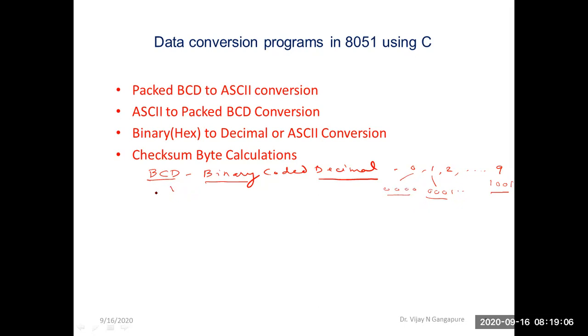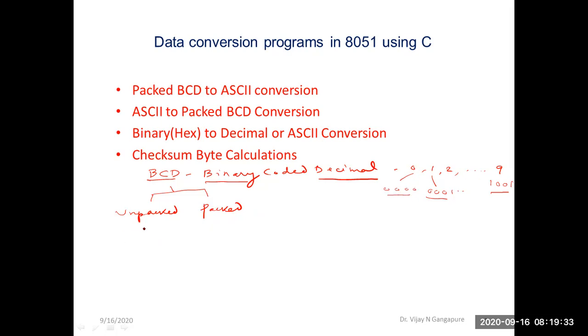Now there are two types of BCD numbers. First is unpacked BCD numbers, and second is packed BCD numbers. These numbers 0 to 9 are the BCD numbers.